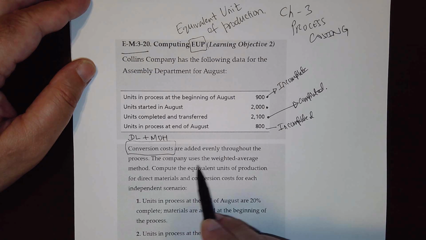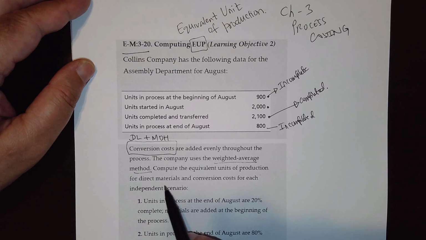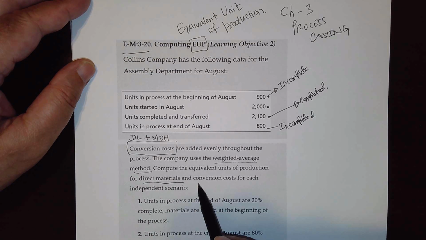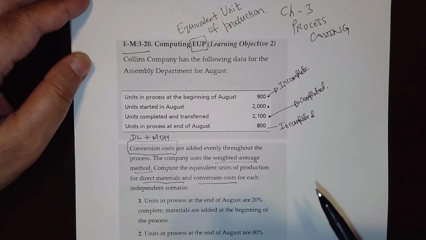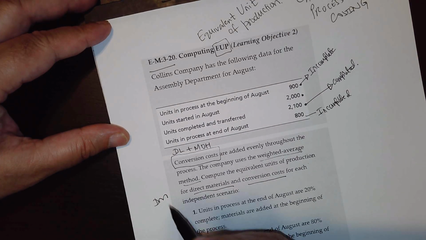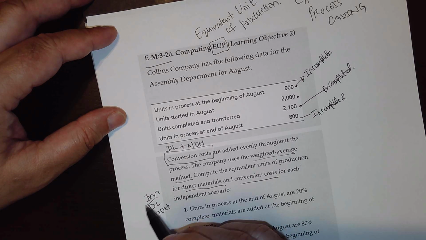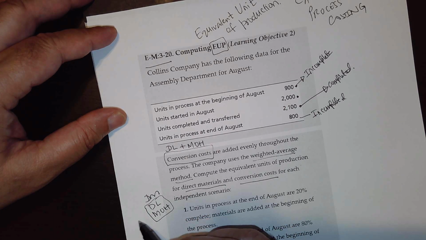The company uses the weighted average method. Compute the equivalent units of production for direct material and conversion cost. We know that when we were studying cost, there were 3 things that we talked about: direct material, direct labor, and manufacturing overhead. Direct labor and manufacturing overhead together are the conversion cost.